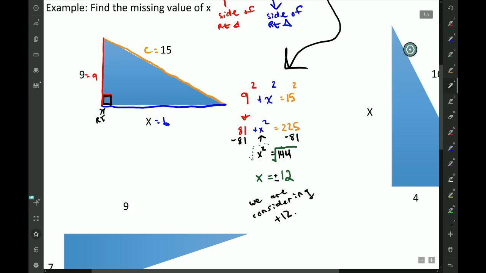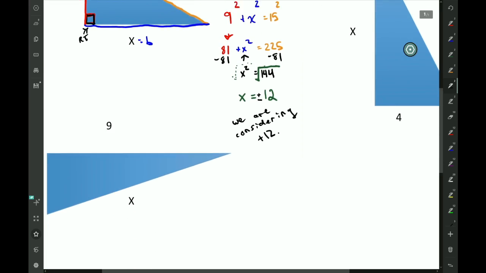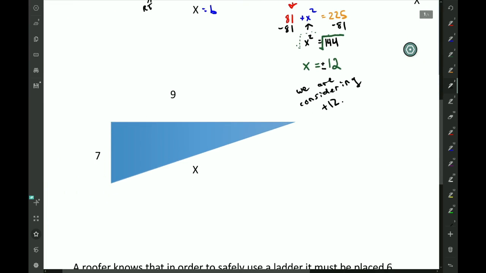So it's just plugging into a squared plus b squared equals c squared. Sometimes different pieces will be missing. Down below here, notice, okay, here's the right angle.